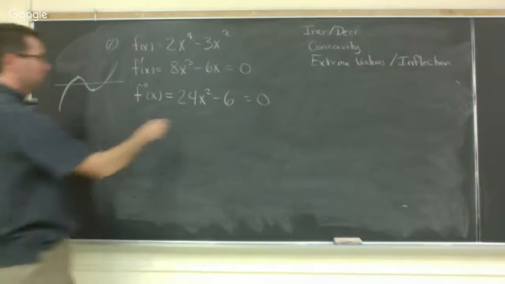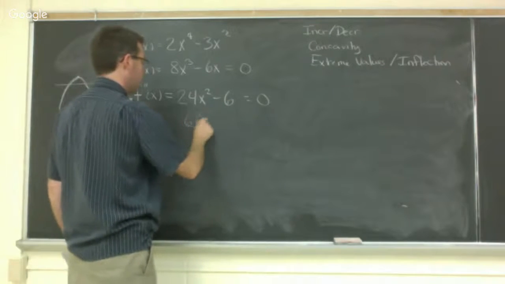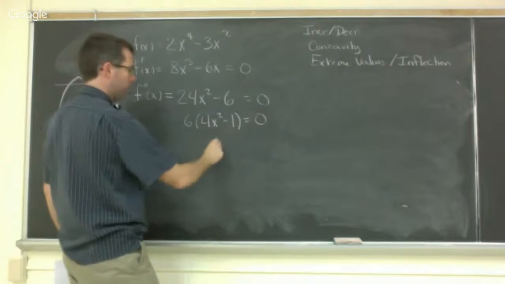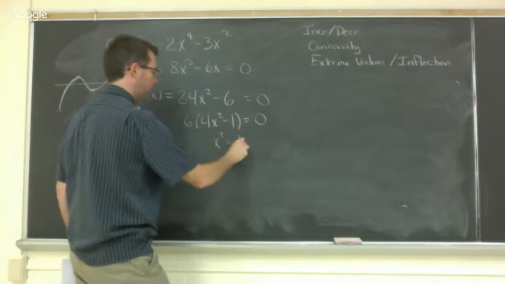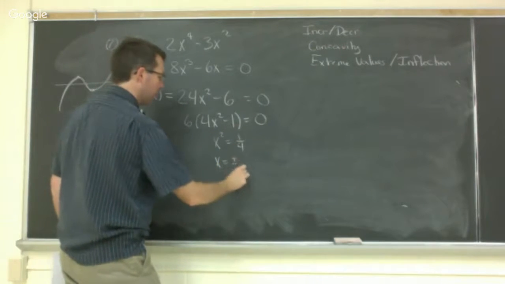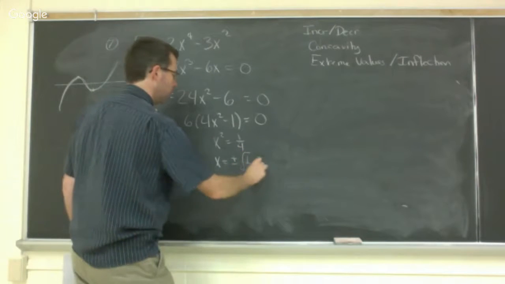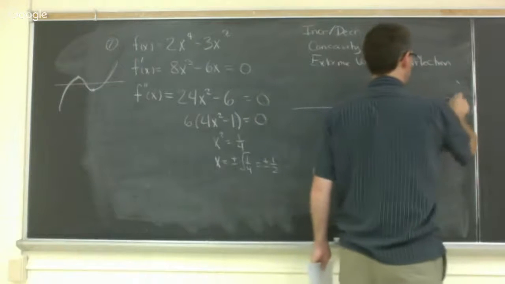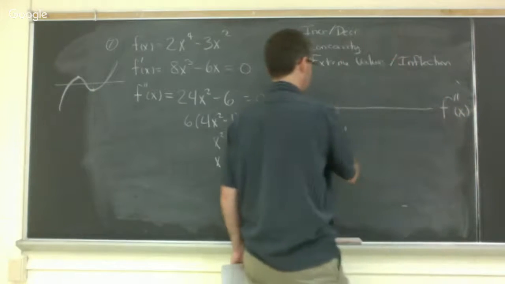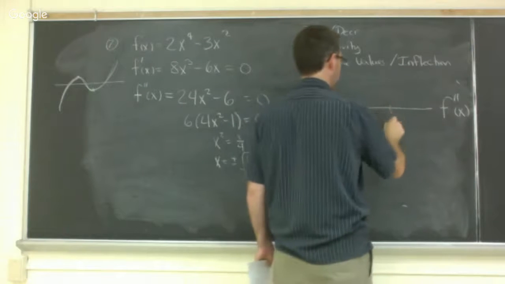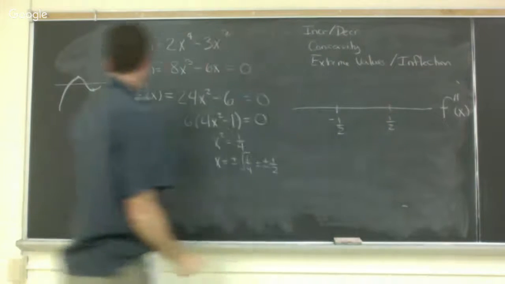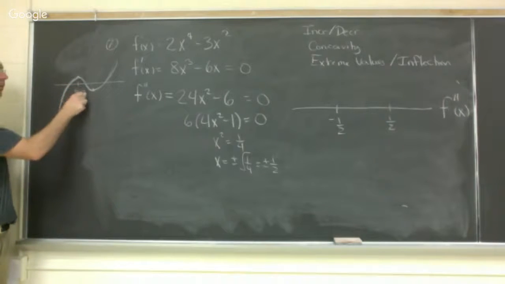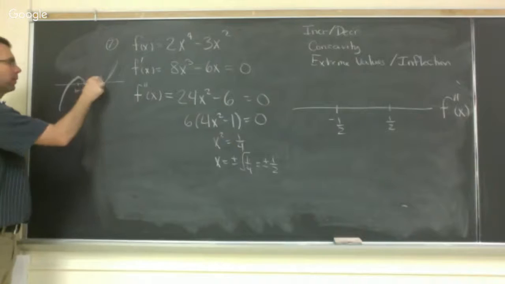All right, so 6 is a common factor: 4x squared minus 1. So x squared equals a fourth. X equals plus or minus square root of a fourth. That's plus or minus a half. That means that these points are at x equals minus a half, x equals plus a half.